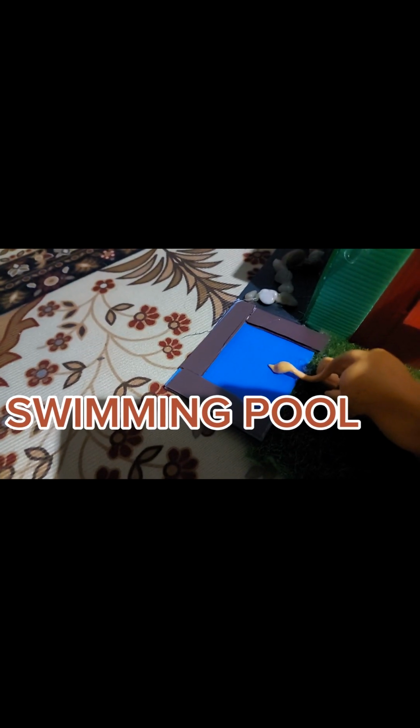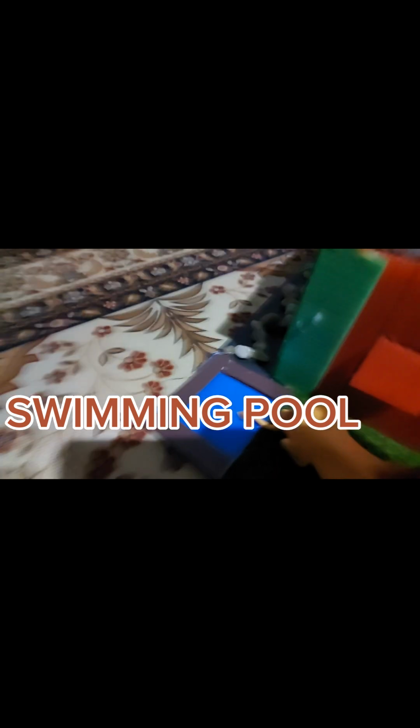So the next solution is one of my favorites too. Guess what? Yes, correct. It is a swimming pool. Guys, you may ask why swimming pools?